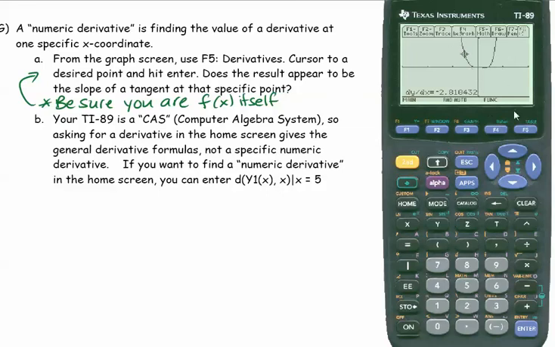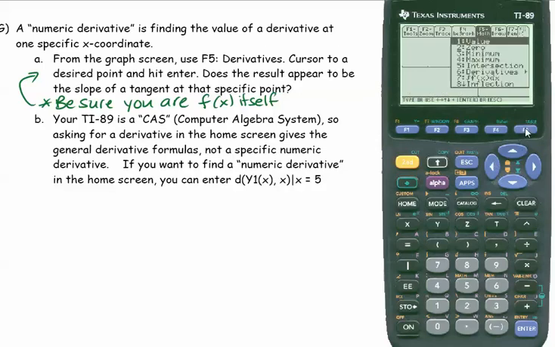But here's what I think is even handier for me. If I want to find a derivative at a specific point, I don't want to use the cursor because that's not going to be very precise. So if I wanted to find the derivative at -0.1, I'm just going to type -0.1, and it's going to go right into the x coordinate. And there's my y coordinate. So it's exactly the same values that you would get using the home screen. Let me do that one more time.